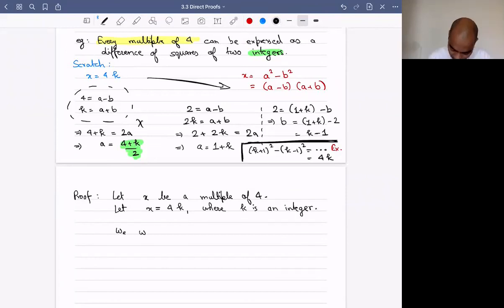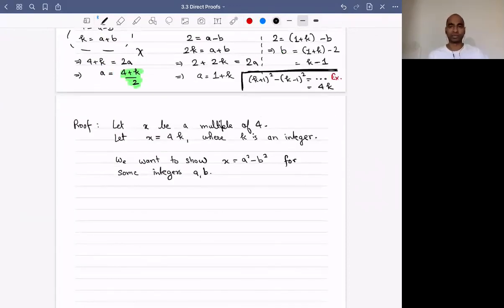We want to show that x is equal to a square minus b square for some a and b integers. And I'll just come up with them by using the scratch work that I did above.